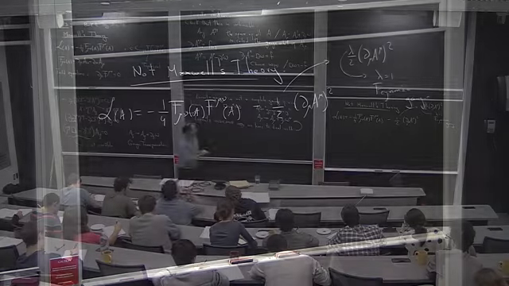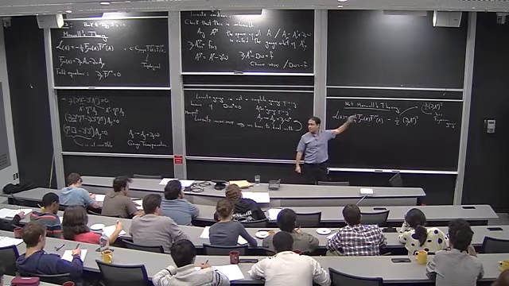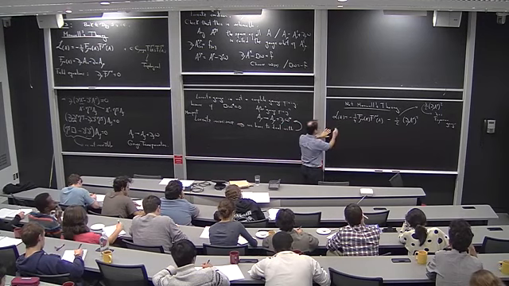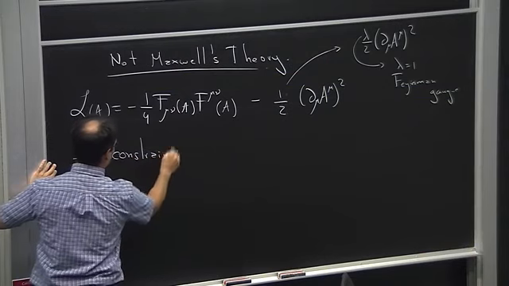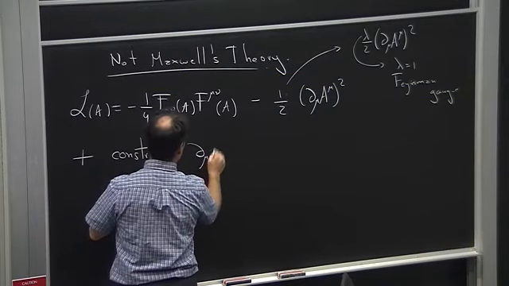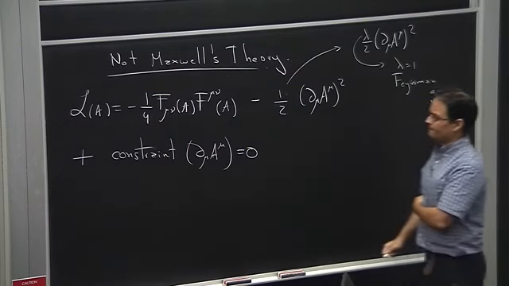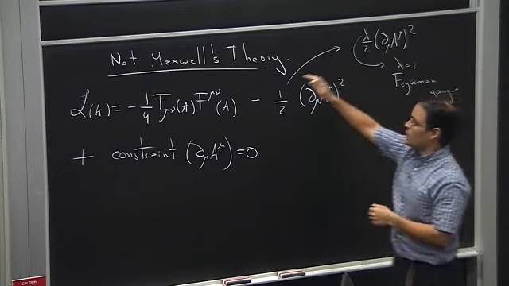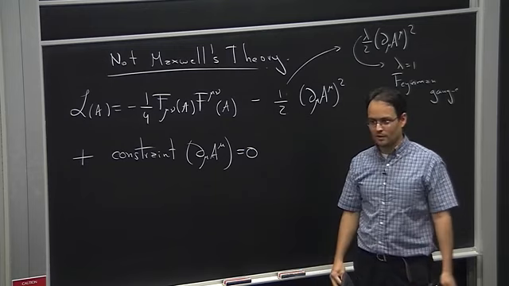Okay. Classically, if we start with this theory, and we find the field equations, and on top of that, we impose a constraint that we are on the Lorentz gauge, then our not Maxwell's theory plus a constraint becomes Maxwell's theory, okay?